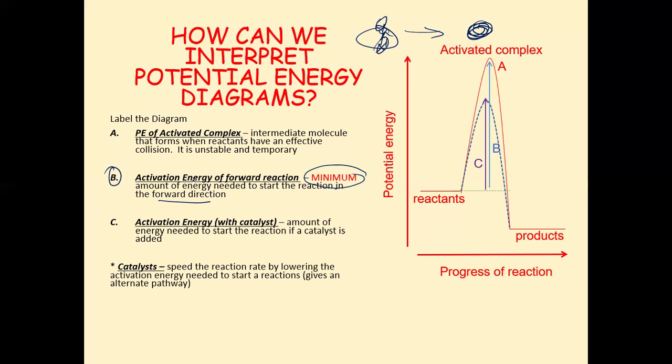That's it. But if they say activation energy of the forward reaction, then you will say in the forward direction, and include this if it is needed. Okay, so that's how we define activation energy. So that's number B. Let me go for another session.